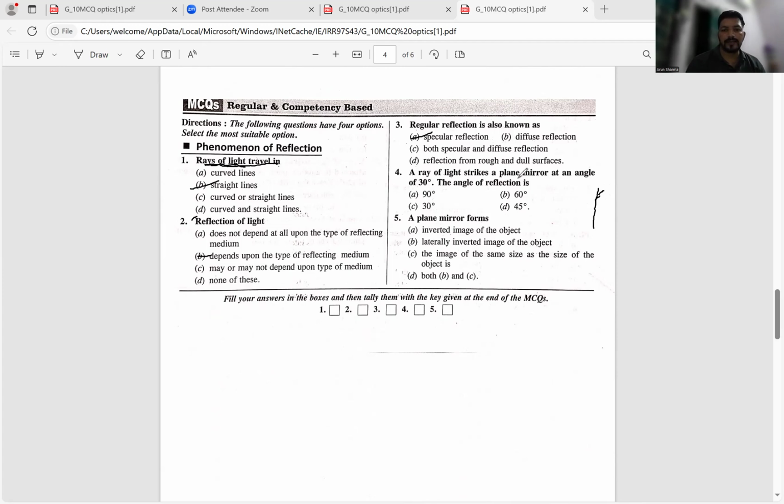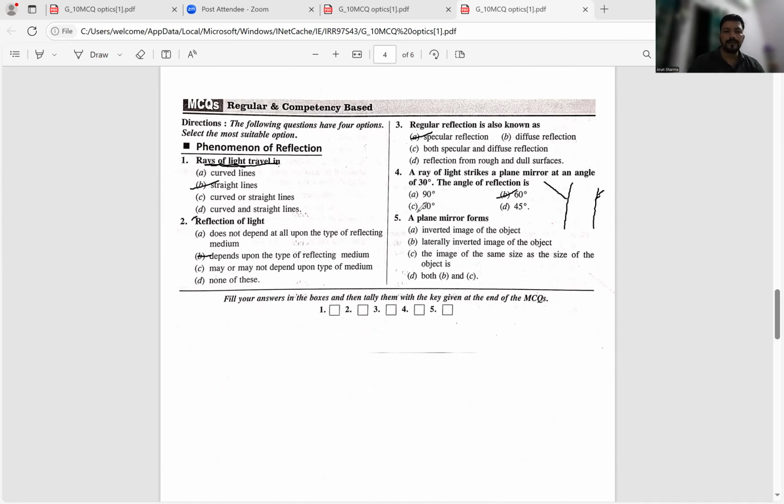The ray of light strikes a plane mirror with an angle of 30 degrees, so the angle of reflection is double. It means your answer is 60 degrees.